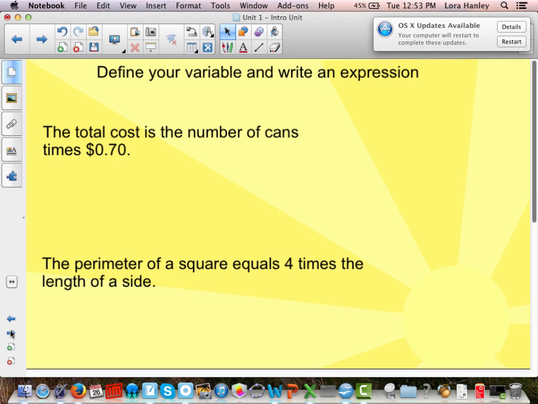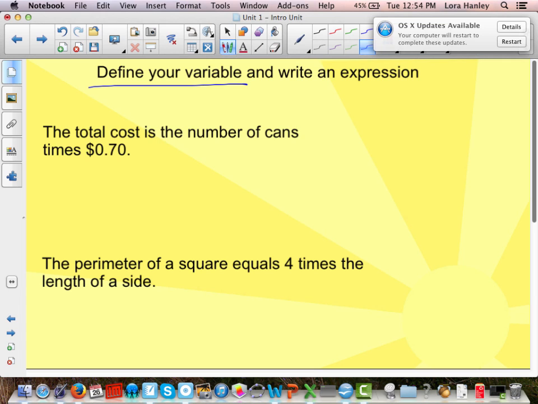Next, we're going to talk about translating from the written language into a math expression. So here we're going to say the total cost is the number of cans times 70 cents. So I need a variable here. The first thing says define your variable. That means we want to say what our variable is and what it represents.